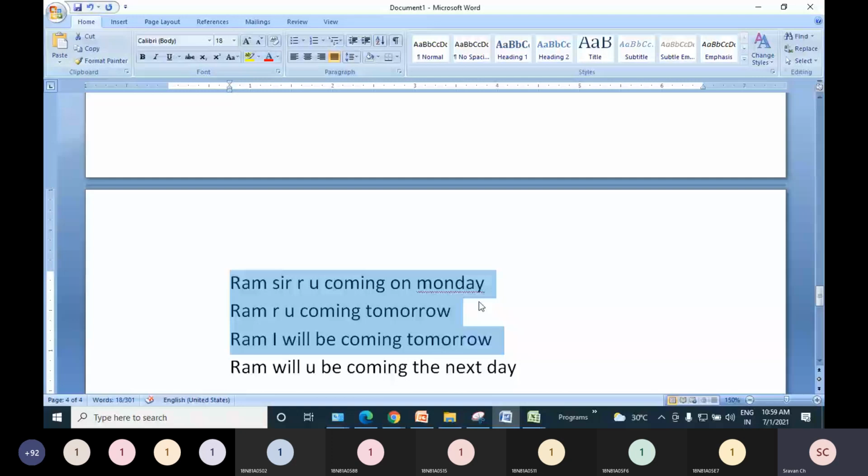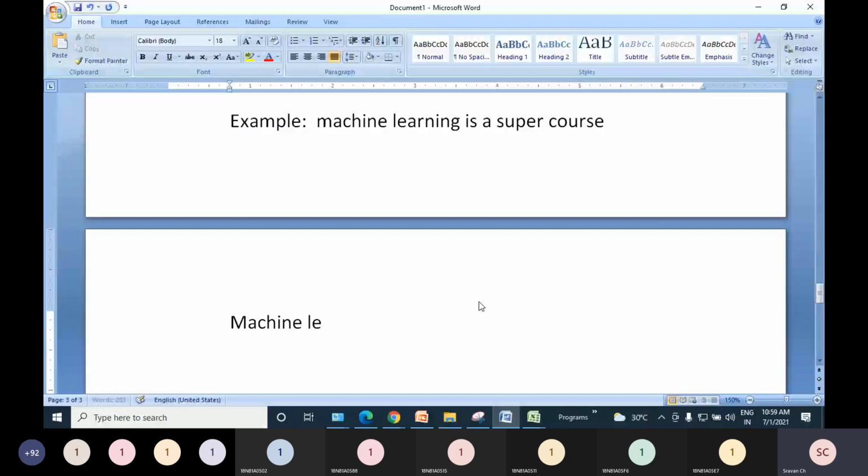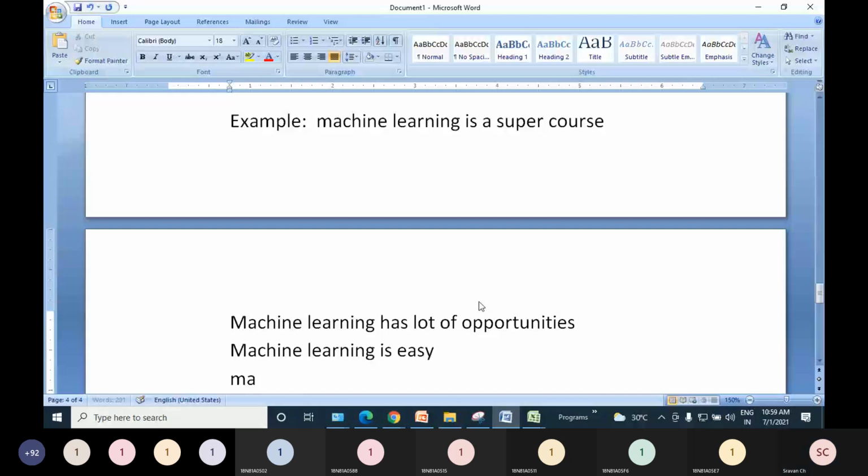Machine learning is a super course. Machine learning has lot of opportunities, right? Machine learning is easy. Machine learning is implemented using Python.